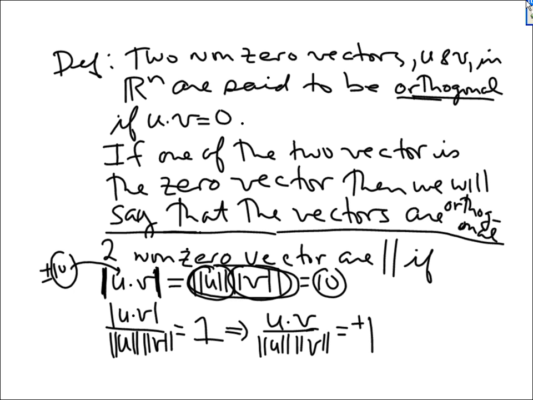But if the bottom is 10 and the top is negative 10, then I get negative 1. So I get plus or minus 1. Alright, so let me erase this.